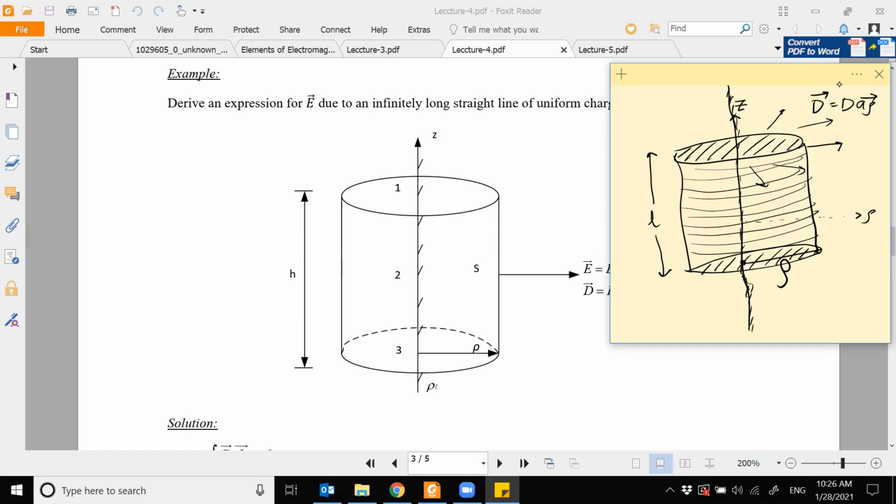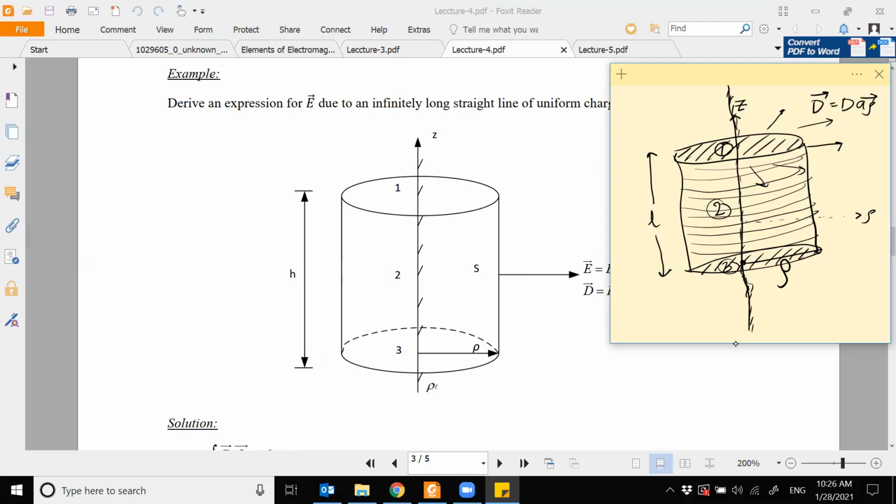Now closed surface. We need to evaluate this D bar over the closed surface. How many surfaces do we have? The top surface, the side surface, and the bottom surface. Now, what will be the unit normal for this top surface when you evaluate the surface integral?